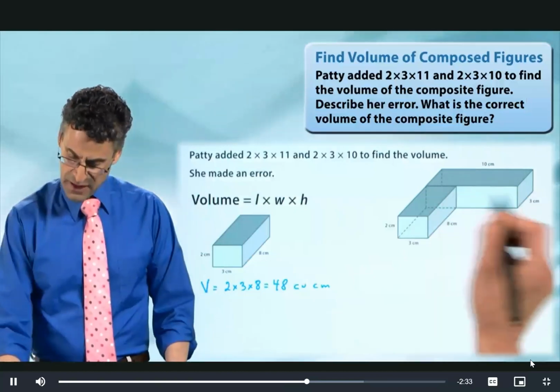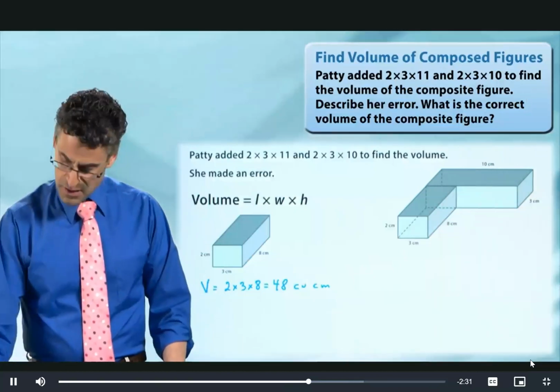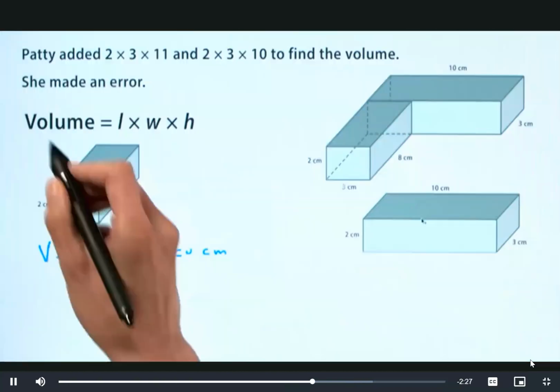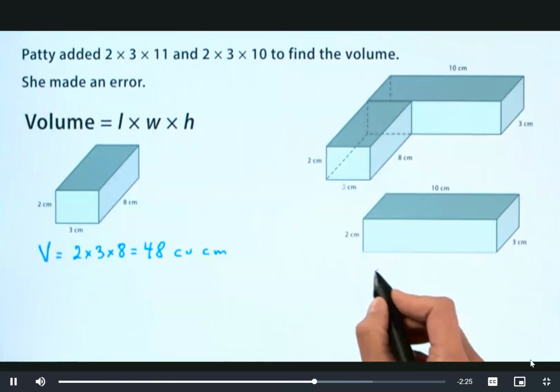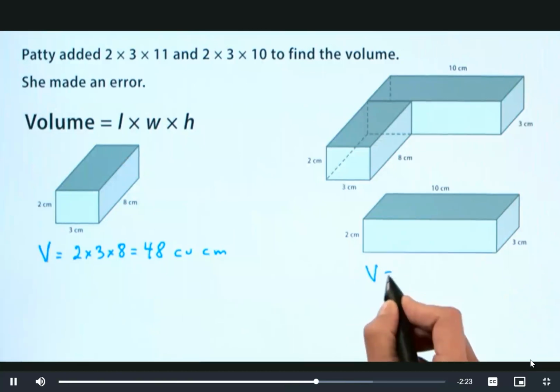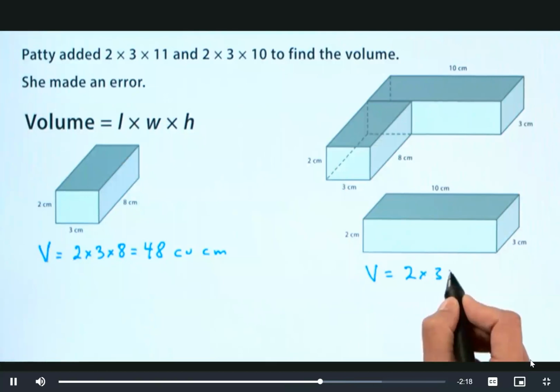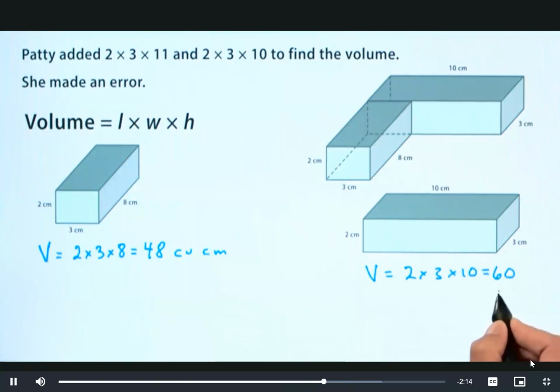Now we have to find the volume of that piece, which is just finding the volume of this. And again, it's just the volume formula, so it could not go any better. It's just 2 times 3 times 10. And that's 60. And again, the units are cubic centimeters because it's centimeters times centimeters times centimeters. And then what do we do?